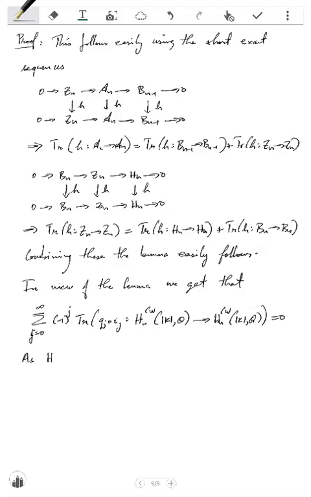But as the CW homology is naturally isomorphic to singular homology, we have a commutative diagram.